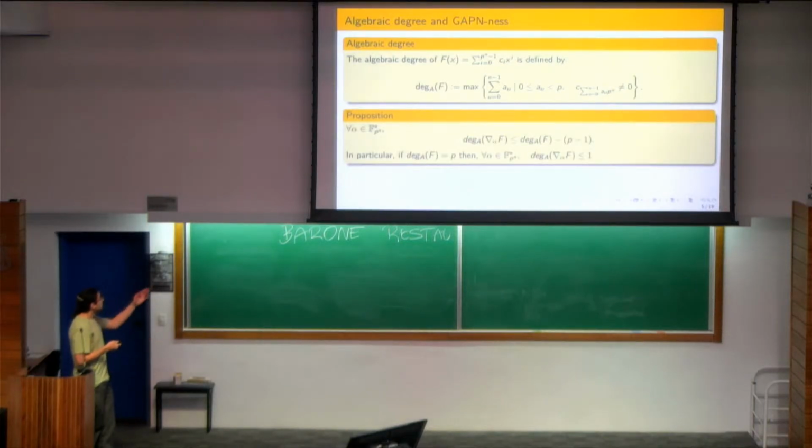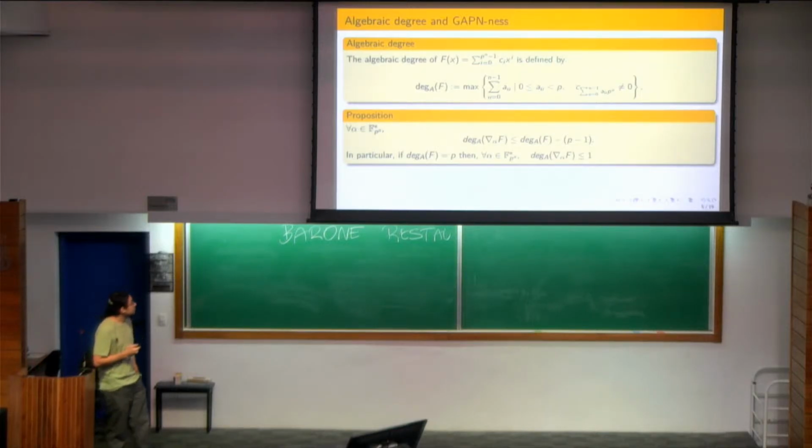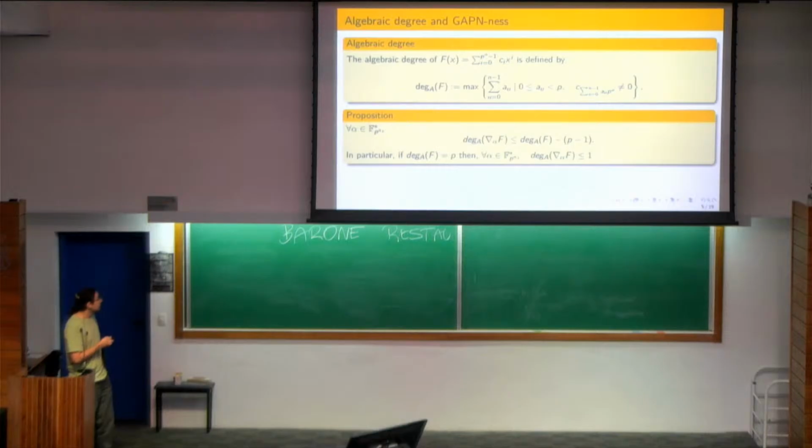For any direction, applying the generalized derivative in the direction alpha reduces the algebraic degree of f by p minus 1. In particular, if the algebraic degree of f is p, then for any direction the generalized derivative has an algebraic degree less than or equal to 1. That means it's either a constant or an affine function over Fp.